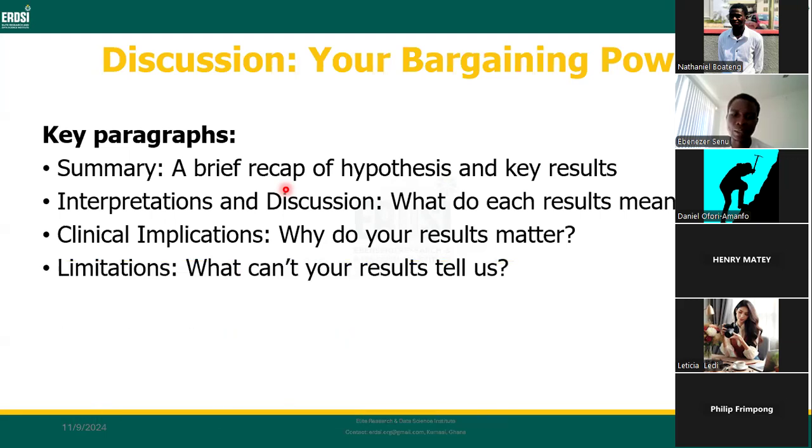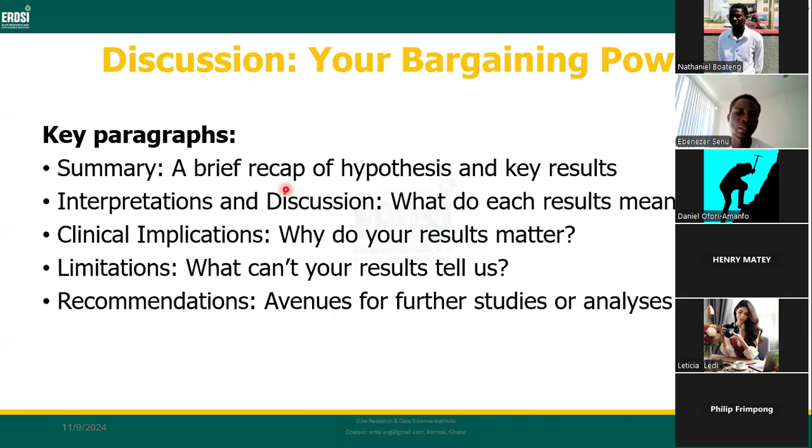Then the limitations. What are some of the limitations? We will get to know that even the best result has a limitation. Limitation does not mean that your result is not good to publish. It's something to bear in mind for the future. Then we look at recommendations. What are the future steps? So mostly these are some of the headings under the discussion.